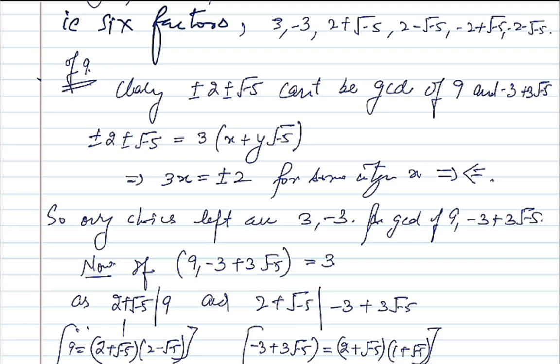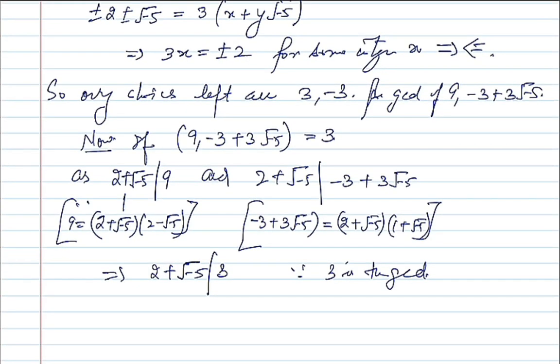If 3 is the GCD, it means 2 plus square root minus 5 should divide 3. But you will see it gives a contradiction. It means 3 should be written as 2 plus square root minus 5 times some p plus q square root minus 5.